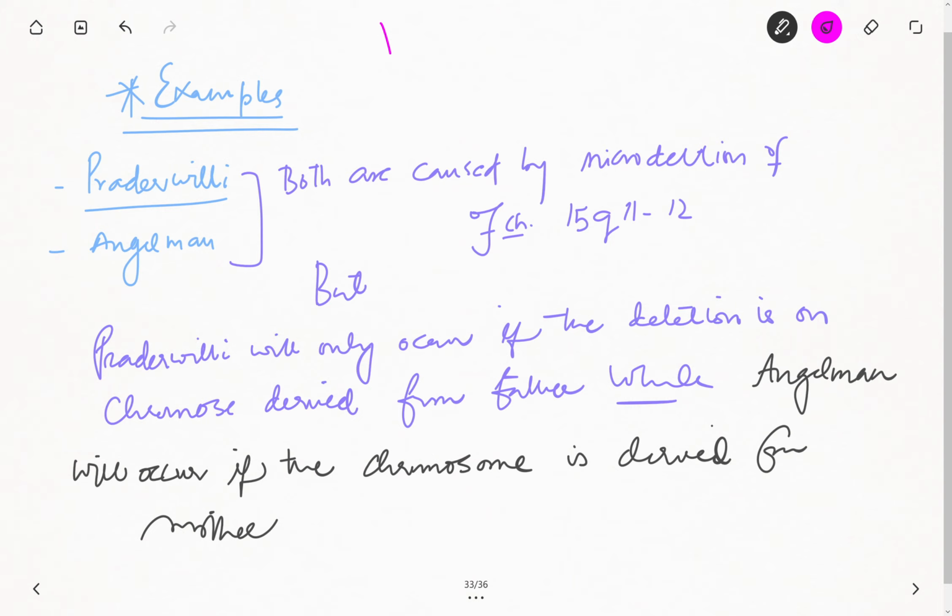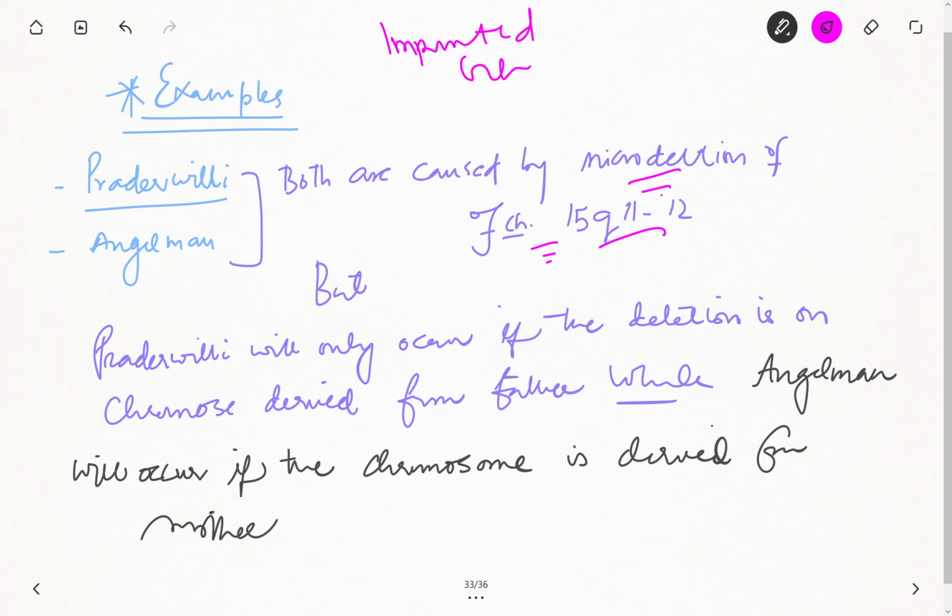So far we have talked about genomic imprinting, and these genes are called imprinted genes. For instance, Prader-Willi and Angelman syndromes are both caused by microdeletion of chromosome 15q11-q12.